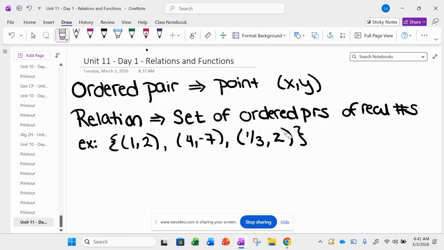So let's change this to a decimal. Let's put 0.4 just to show you that you can have fractions and decimals in ordered pairs.